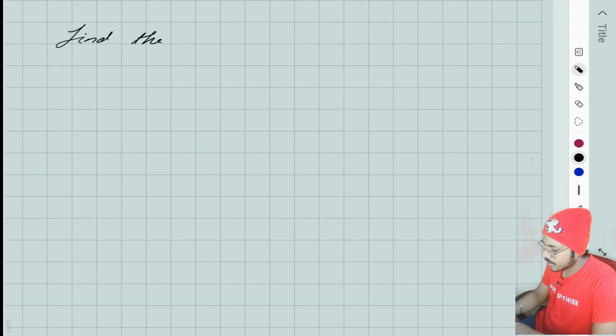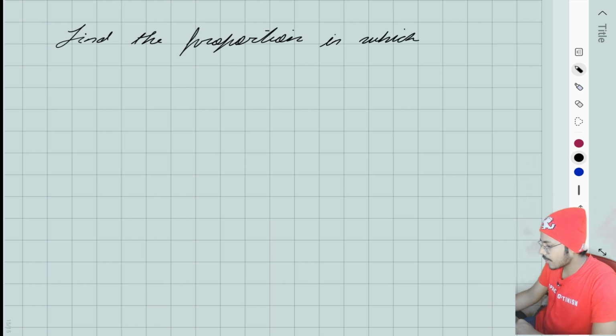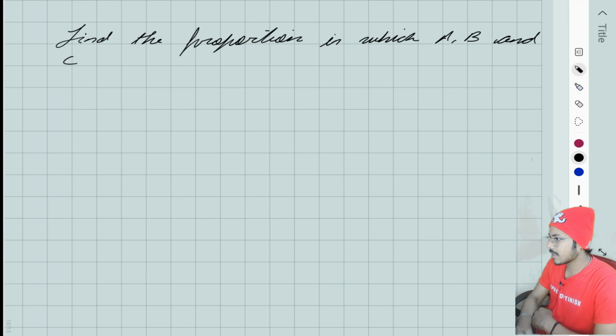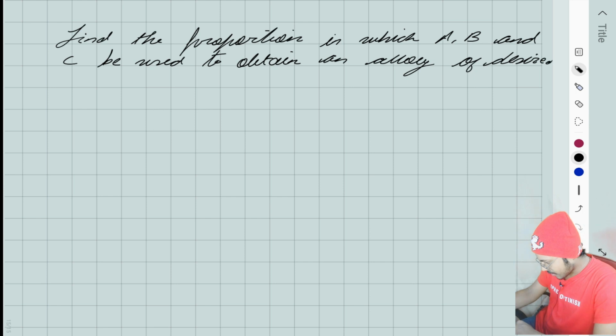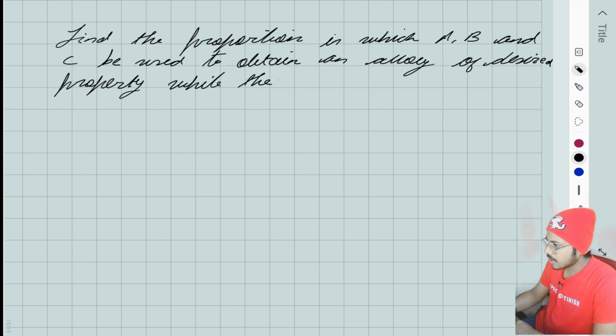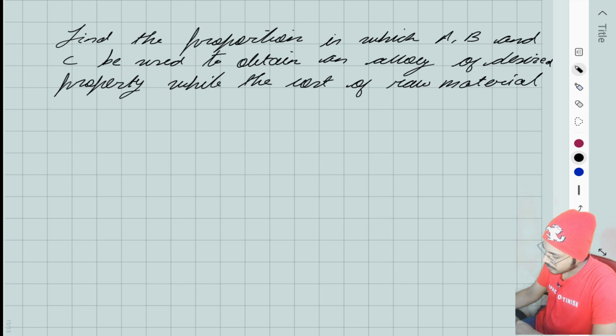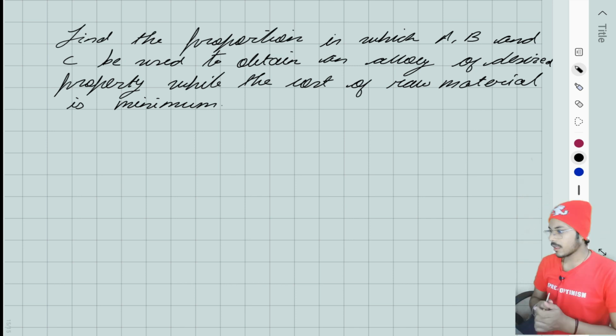Find the proportion in which A, B and C be used to obtain an alloy of desired property, while the cost of raw material is minimum. Okay, so how we will do this?